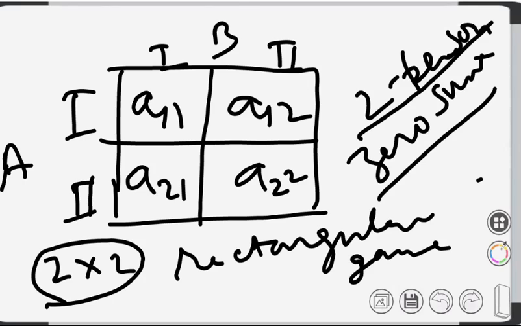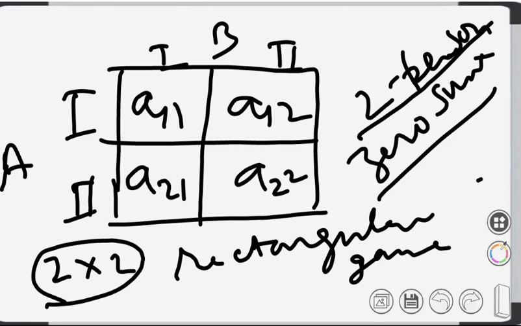Please write. For any 2 cross 2 two-person zero sum game without any saddle point and having the payoff matrix for player A as given.